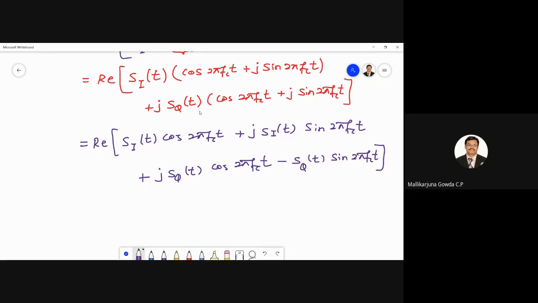Now I segregate the real terms and imaginary parts separately.